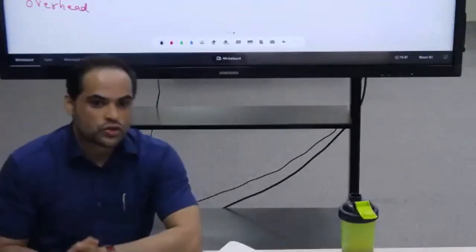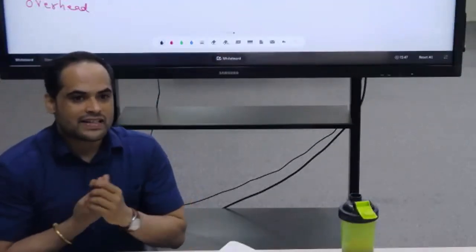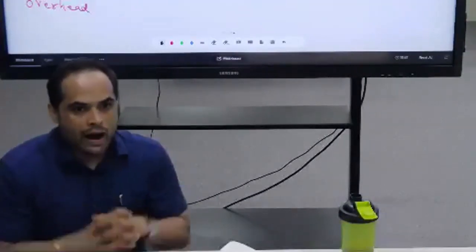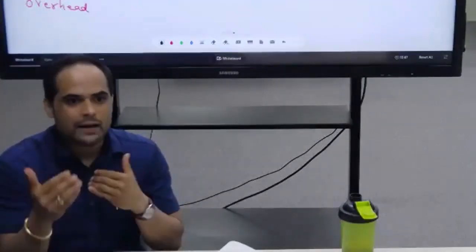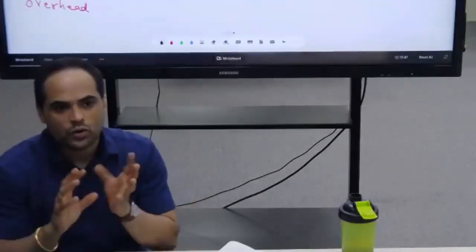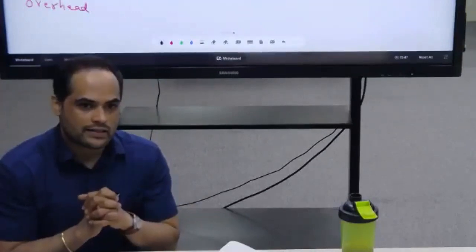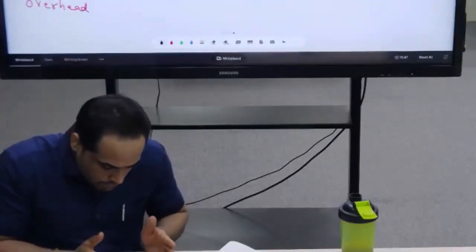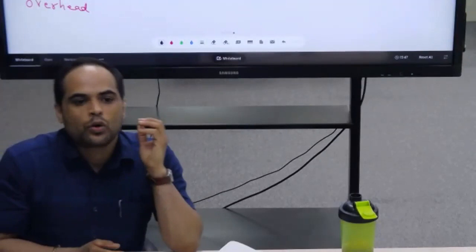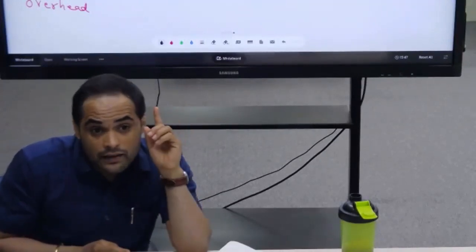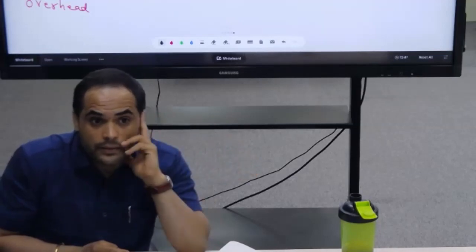All right. So in order to understand this kind of thing, I'm going to draw a small diagram. With the help of the diagram, you will understand what's going on in estimating the factory overheads. So I repeat again, when we are calculating factory overheads, factory means production, all right?